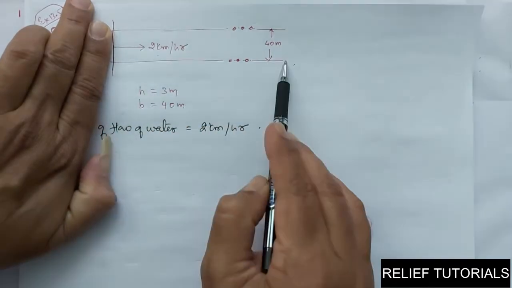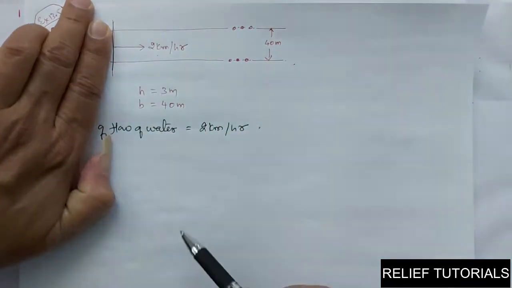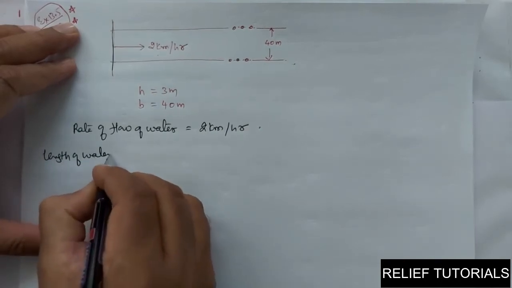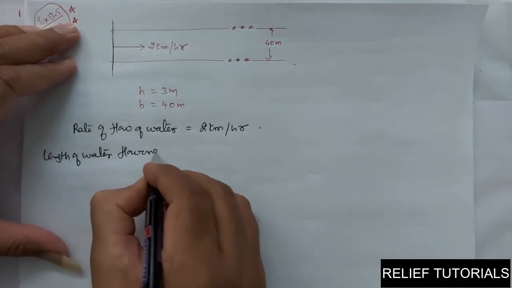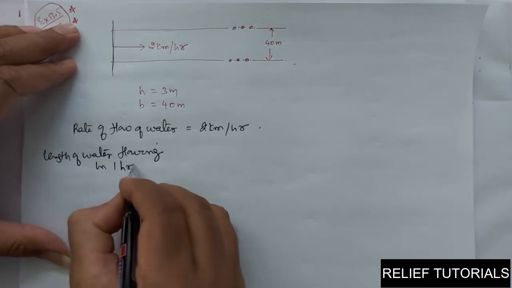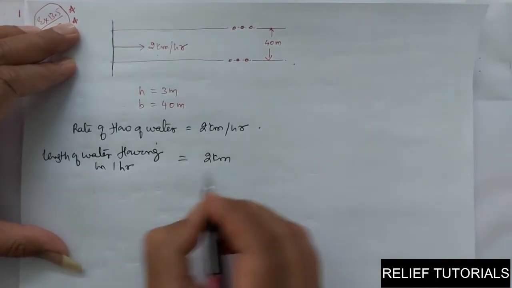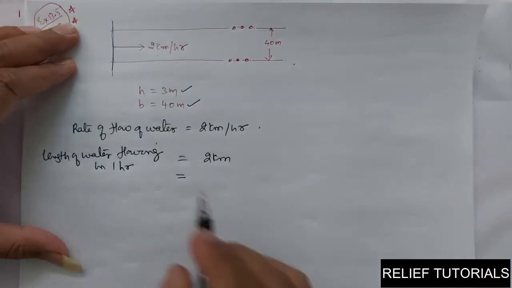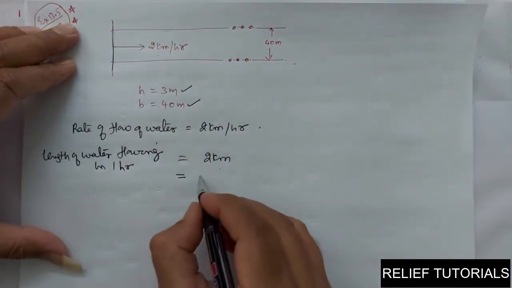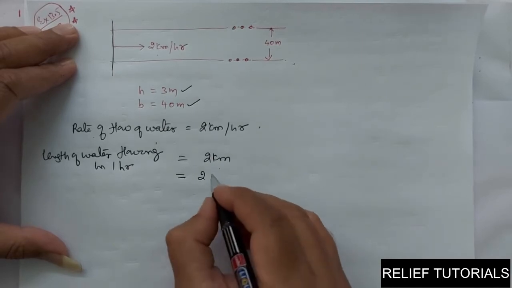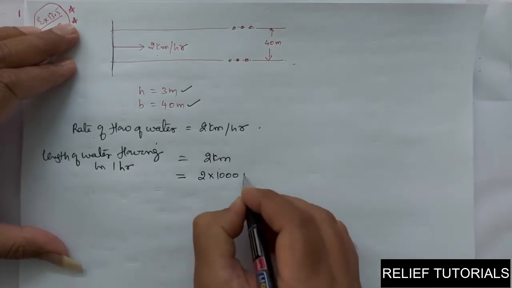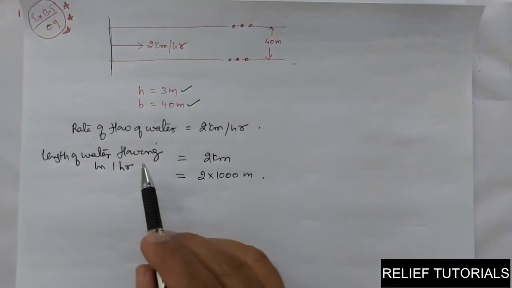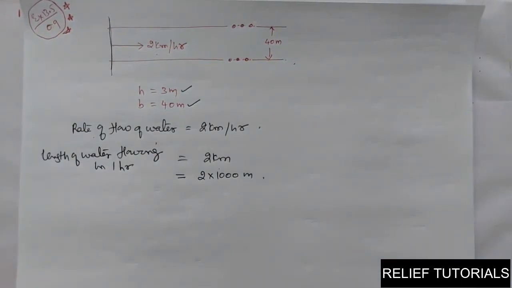So the length of water flowing in 1 hour is equal to 2 km. But here height is given in meter, breadth is also given in meter, but length is in kilometer. So in 1 kilometer there is 1000 meter. So 2 into 1000 meter. So this is the length of water flowing in 1 hour.